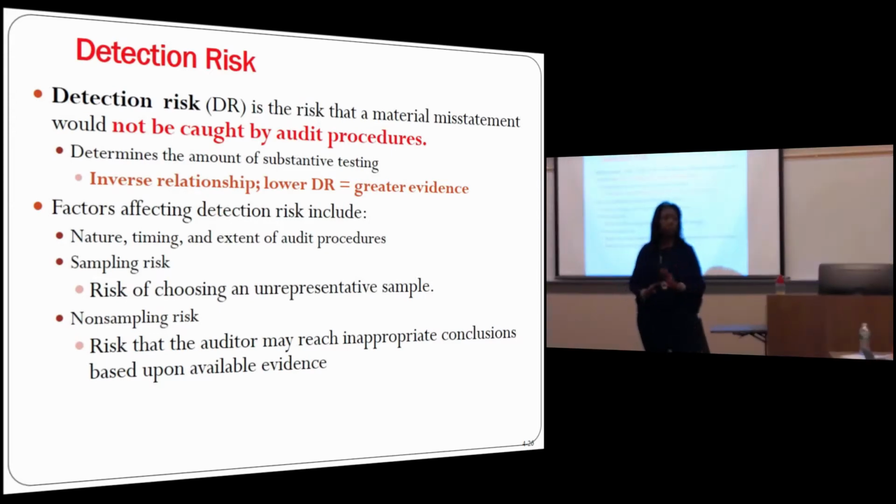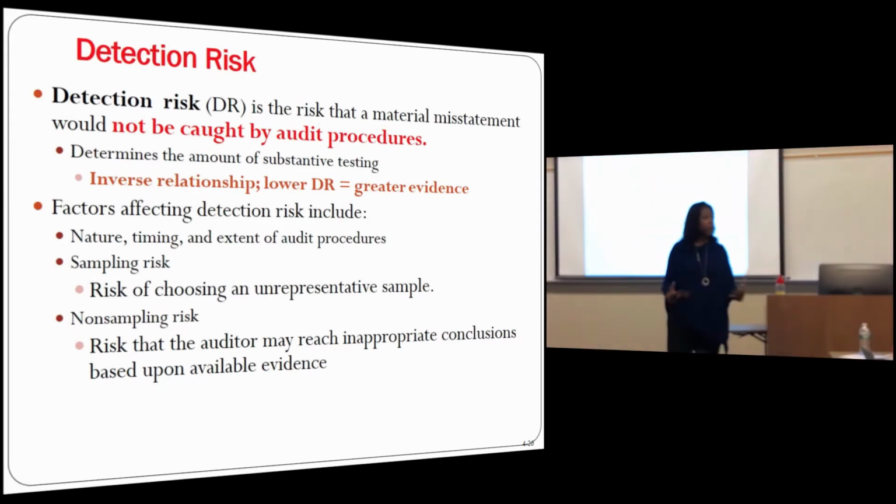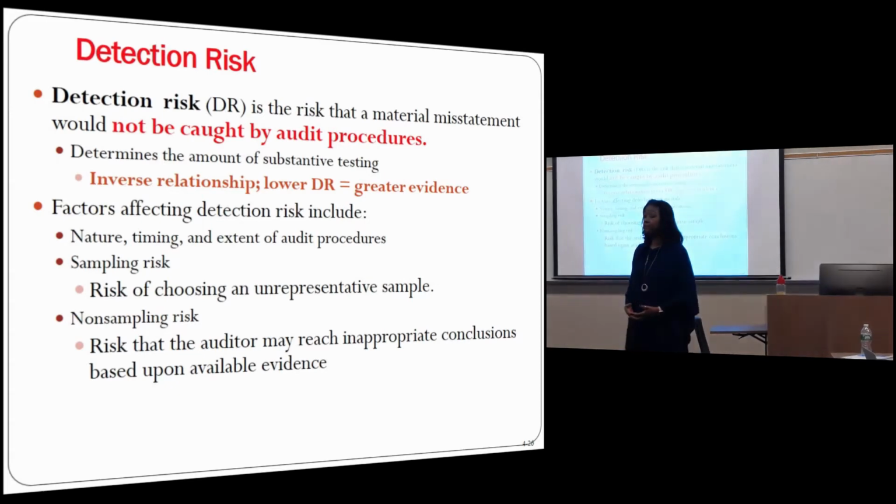Simple transactions is low. So what the auditor is basically saying is that the chances that there will be a material misstatement is low, right? Because the client has a well-controlled environment.